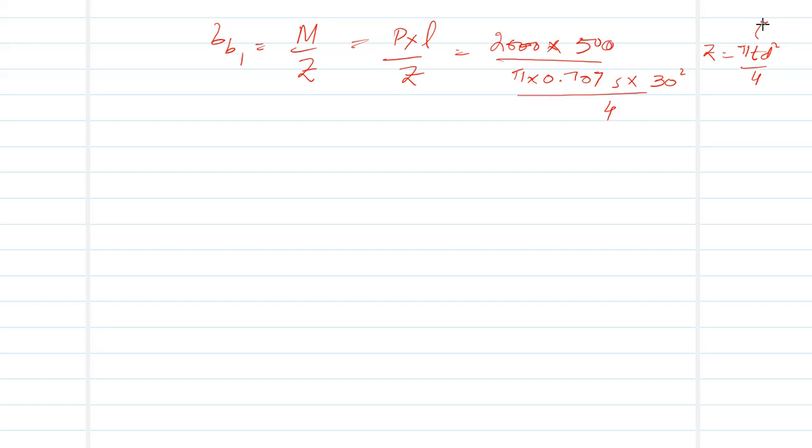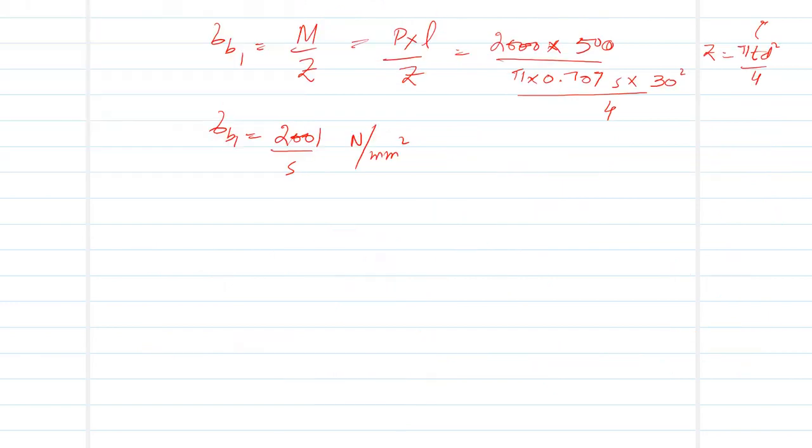Okay, if you put the value and solve it, 4 into 2000 into 500 divided by pi into 0.707 into 30 square, you get 2001 divided by s Newton per millimeter square.